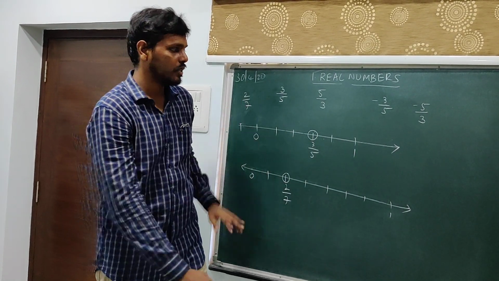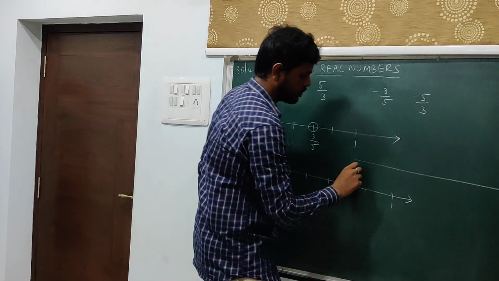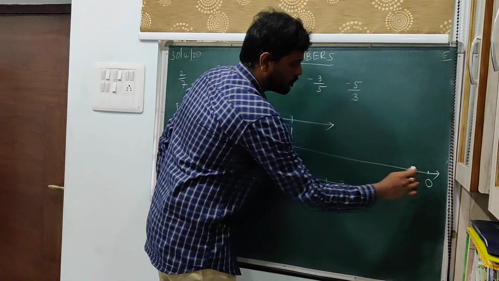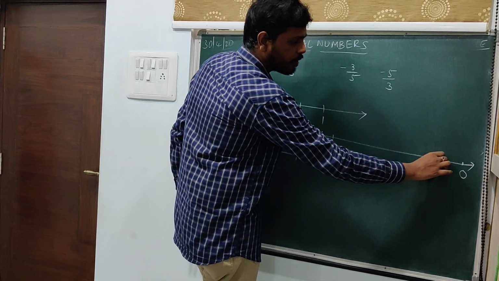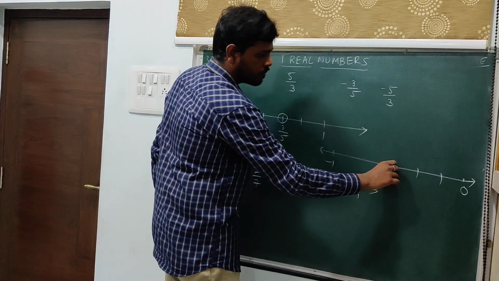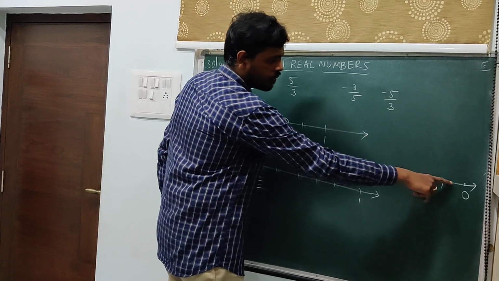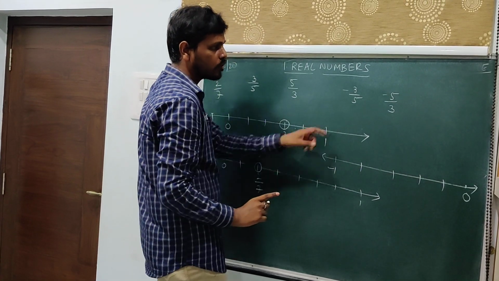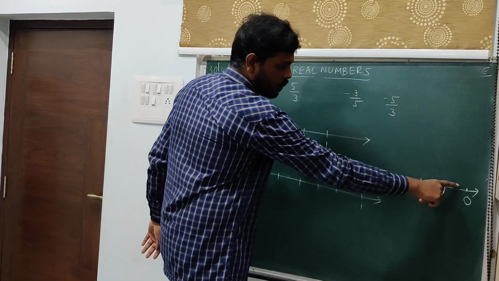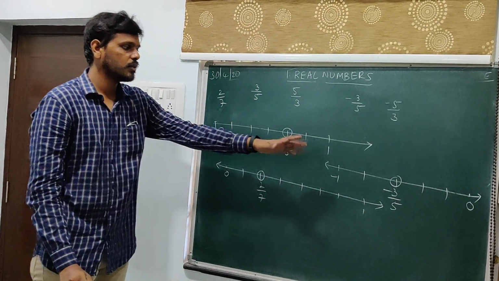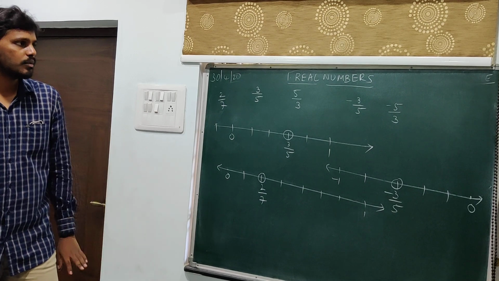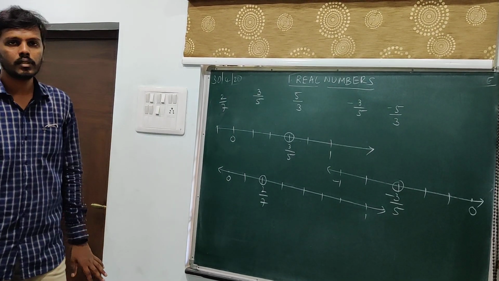That is, you do it on the left hand side. So 0, say minus 1, denominator is 5. So we divide into 5 equal parts, 1, 2, 3, 4, 5, out of which we only need 3 equal parts. 1, 2, 3. So this is minus 3 by 5. Now the same thing can be applied for any rational number where the numerator is less than the denominator.